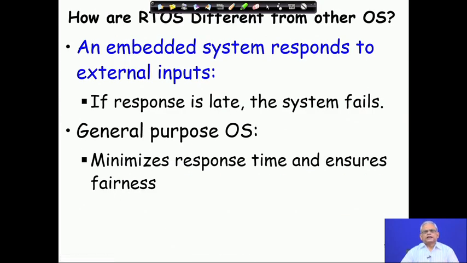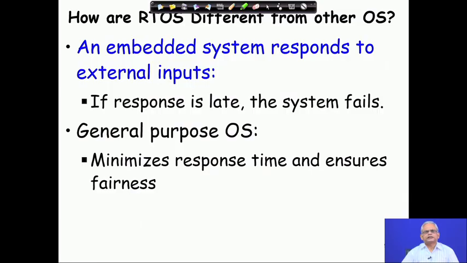Now, once we understood what a real time system is, and we said that one major example of real time systems are the embedded systems, and then there is a time constraint response that is required for various events.